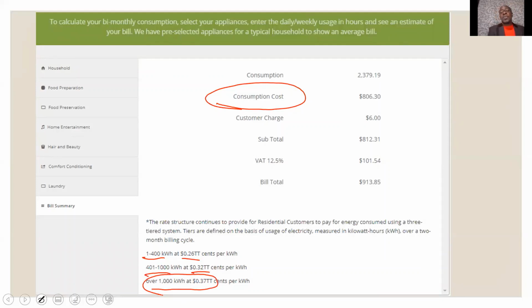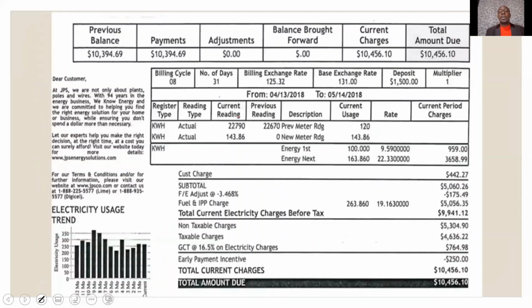As we indicated before, here we have our customer charge. So for Trinidad and Tobago, there's a consumption cost, which is a combined cost representing energy and fuel, and the customer charge. In Jamaica, here, the first band is at 100 kilowatt hours.